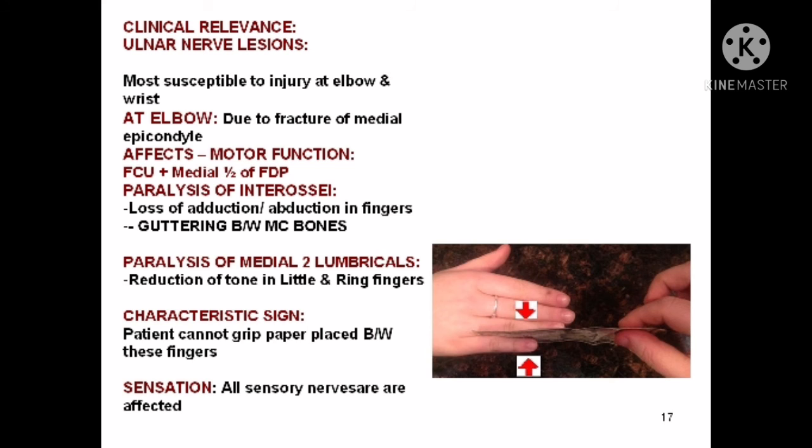Paralysis of the medial two lumbricals results in reduction of tone in the little and ring fingers. The characteristic sign: the patient cannot grip paper placed between these two fingers because of loss of power. Sensation: all sensory nerves are affected.